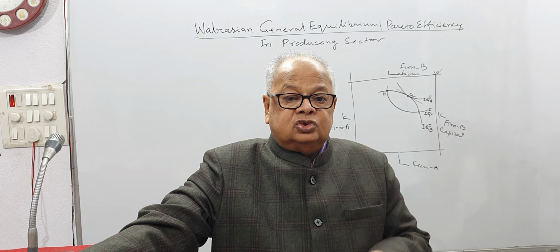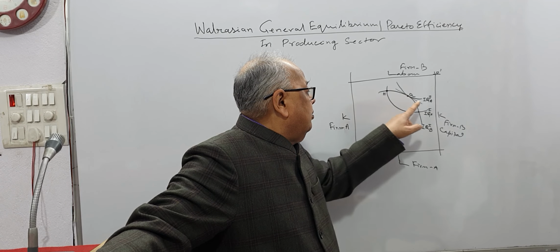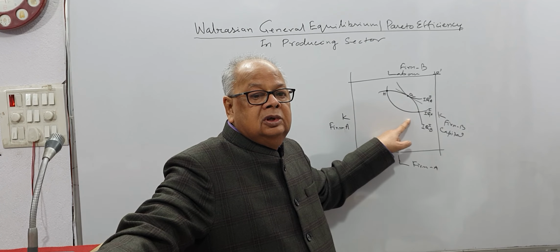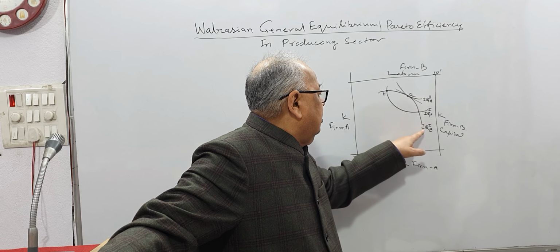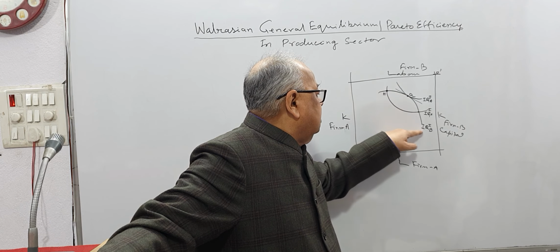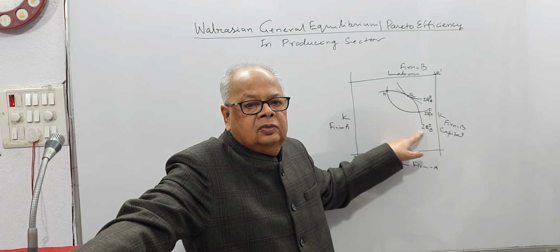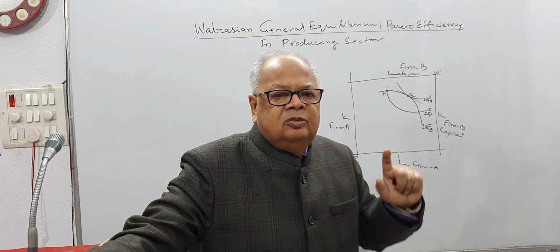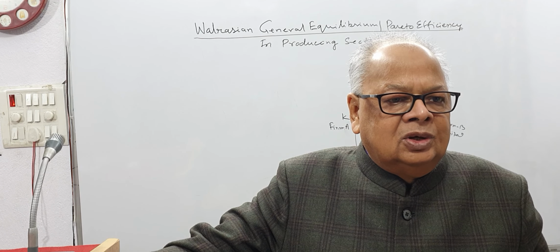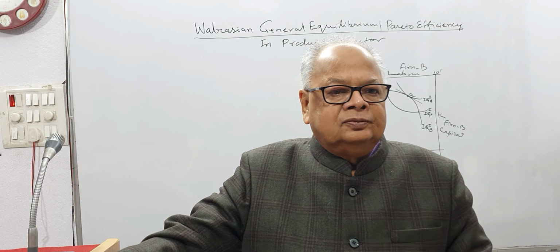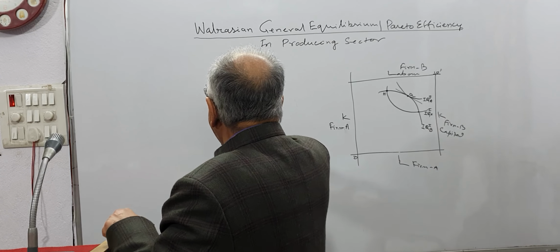But practically also, if you look, from A to H, firm A will fall down and firm B, from A or H, will be on the same indifference curve where it was. Which condition will be worse off if there is movement from A to H? Firm A.